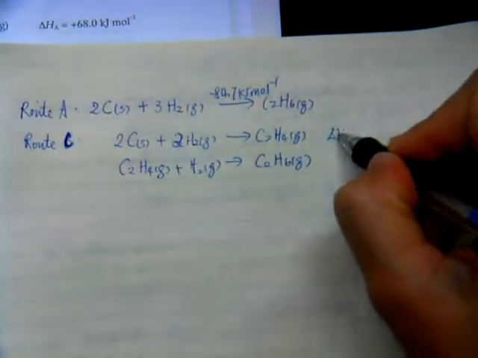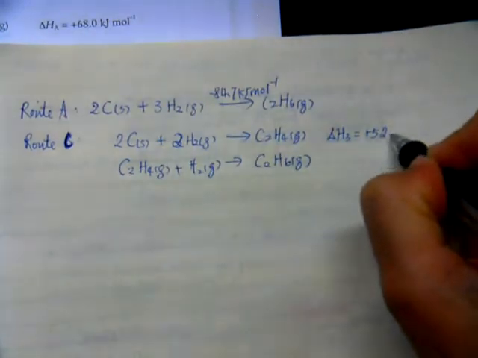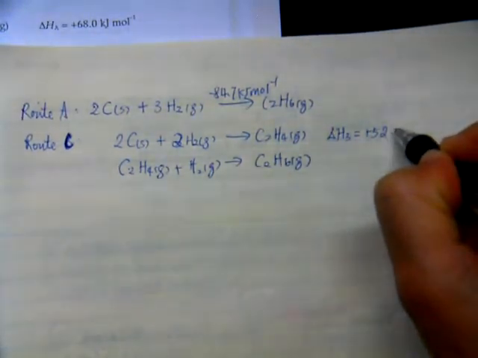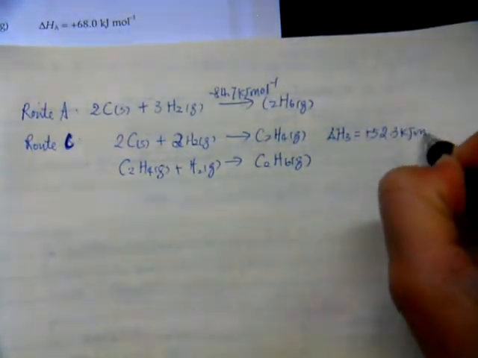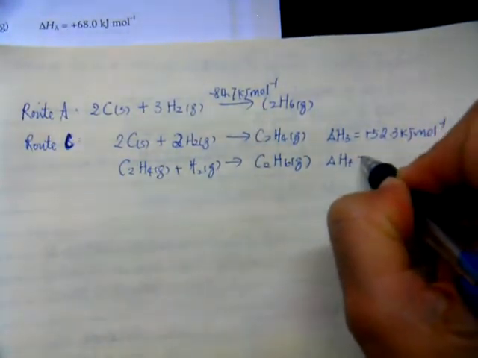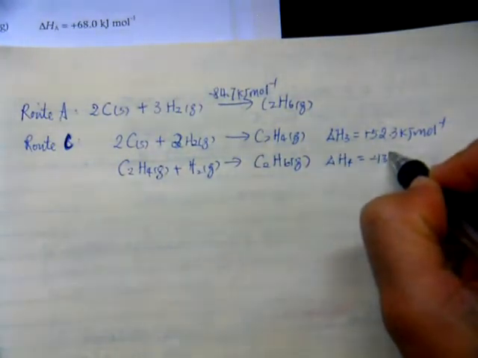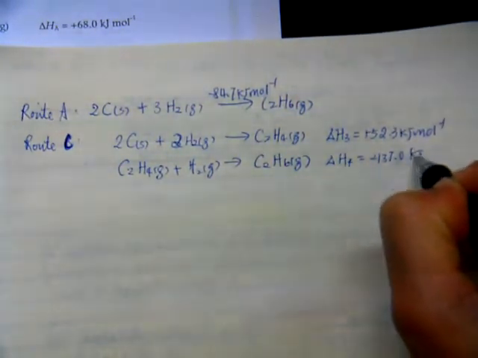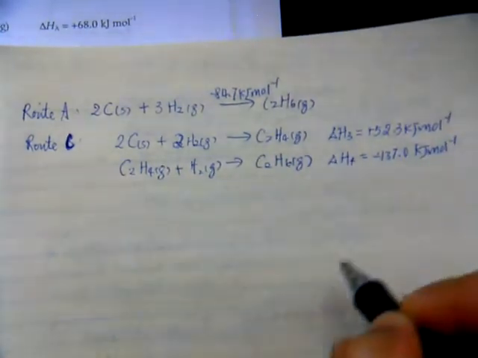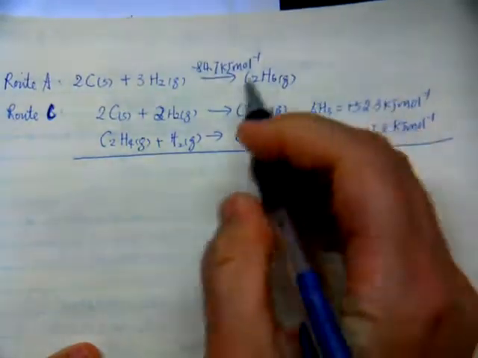The first step of route C has a positive value, positive 52.3 kilojoule per mole. And then the second step of route C has negative 137.0 kilojoule per mole.